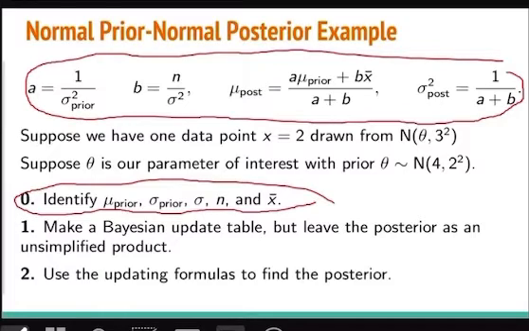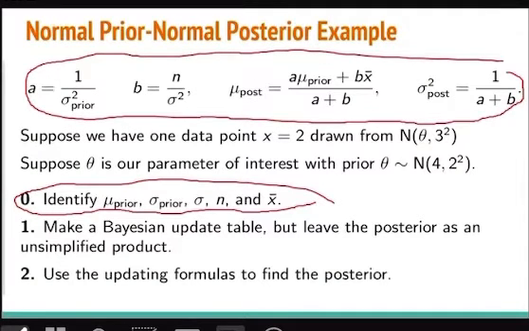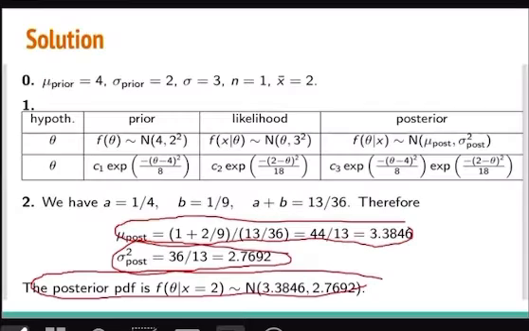And don't forget the table. If I ask you to generate, look at that, I said here: make a Bayesian update table. When I say make a Bayesian update table, that is what I mean. This is the table.